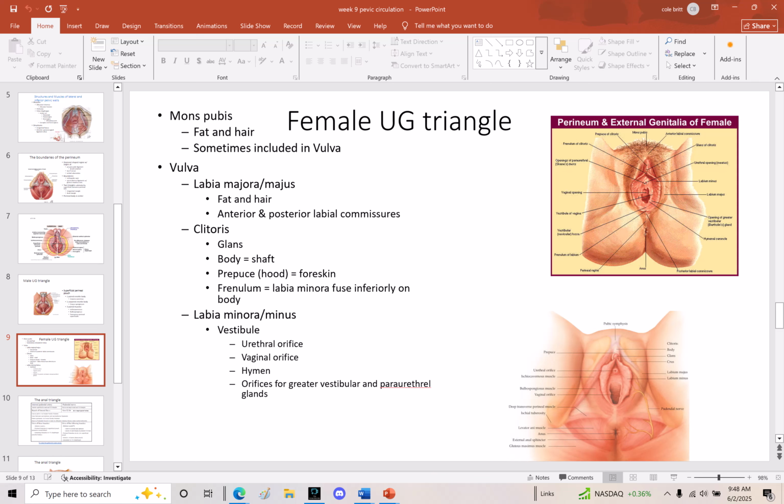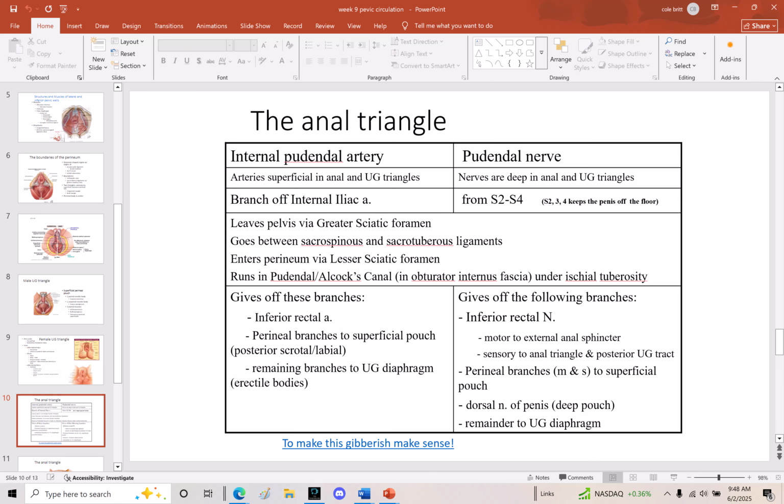All right, so anal triangle. We talked about this a few minutes ago a little bit. We have the pudendal nerve, comes from S2, 3, 4, internal pudendal artery, which is a continuation, the terminus of the internal iliac. Comes through the greater sciatic foramen, both of them do.